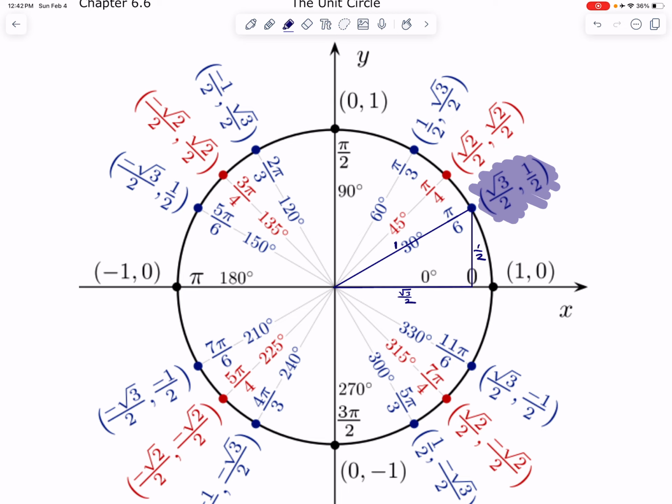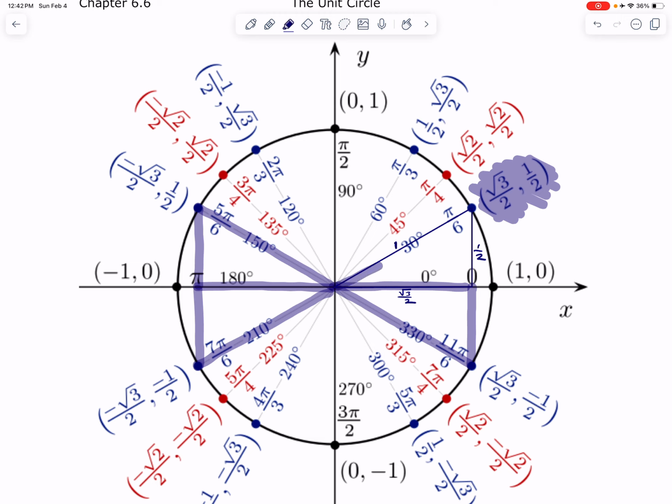Now, there are patterns here. If you take a look at the pi over 6 family of angles, you will notice that the magnitude of the coordinates are the same. The x is the same, the y is the same, the size. The only thing that's different is the sign, and that sign is based on which quadrant we're in.